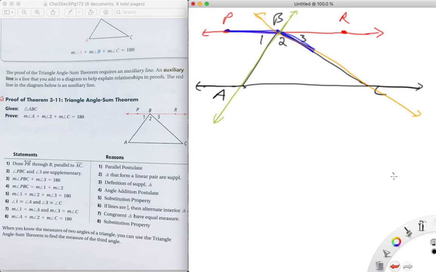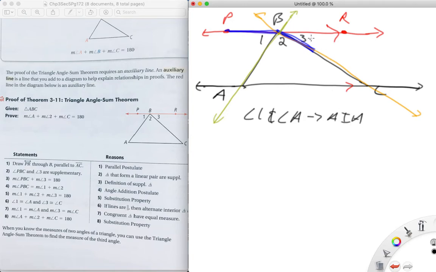We have parallel lines, right? We were told that they're parallel. This is parallel, this is parallel. And I have a transversal. And I have this interior angle, and I have this interior angle, and they're on opposite sides. So angle 1 and angle A are alternate interior angles.